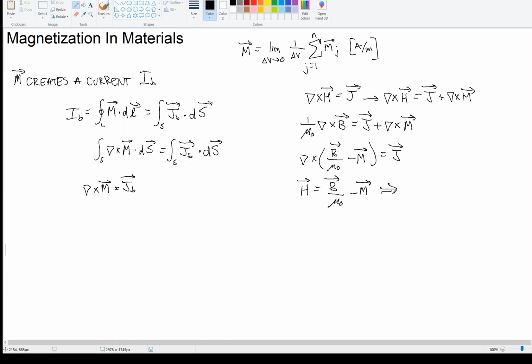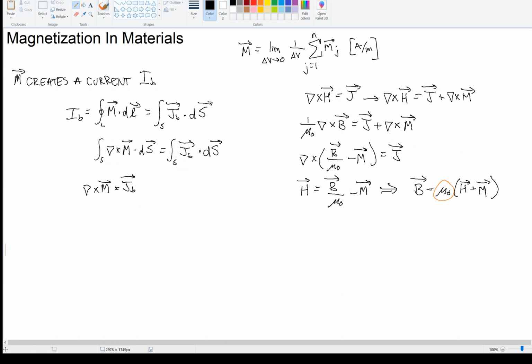Or we can write B now in terms of H plus M, the magnetization, like this. So what's key here is that the magnetization affects the B field proportionally due to the permeability of free space. So you see we were able to factor out a mu0 from M, right? So that's key in this derivation.